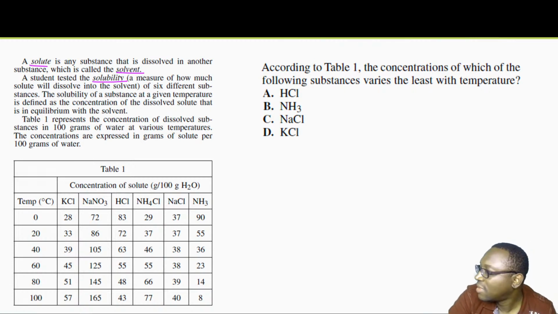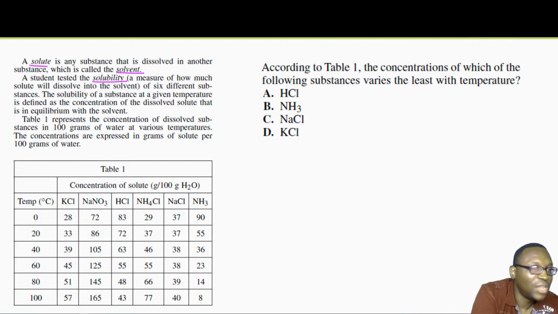All right. Okay, Adesi is answering. That's good. So let's look at this answer here. So we have HCl. Let's look at HCl. As the temperature increases, you can see there's a lot of change here.